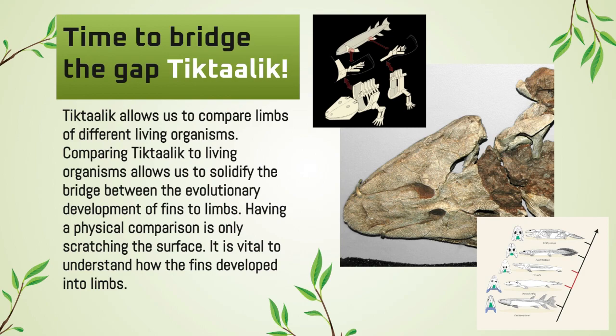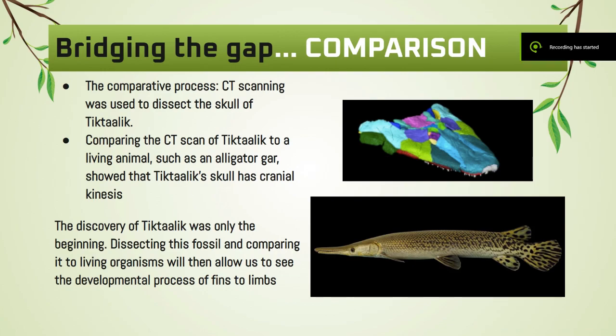It sits right in the middle, right where Neil knew there had to be something that bridged that gap. So again, we have that picture that inspired Neil to go on this expedition, and now Tiktaalik has a place right in the middle.